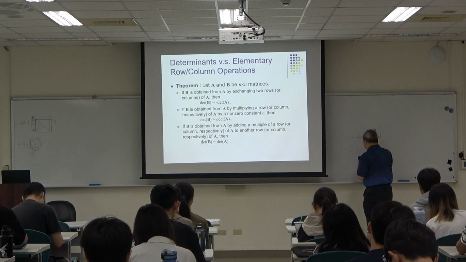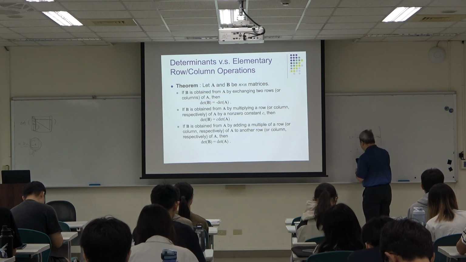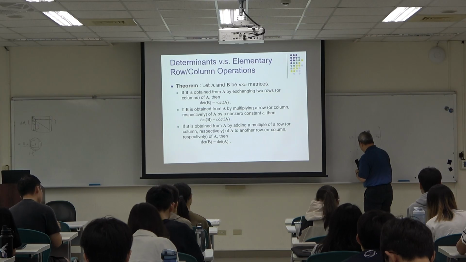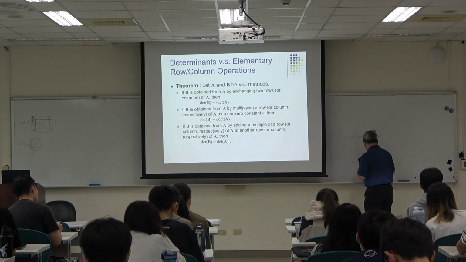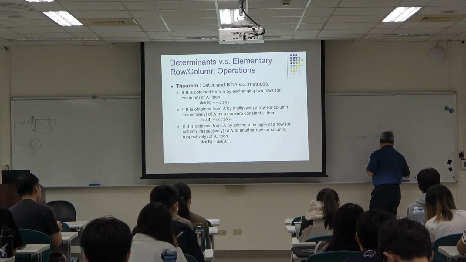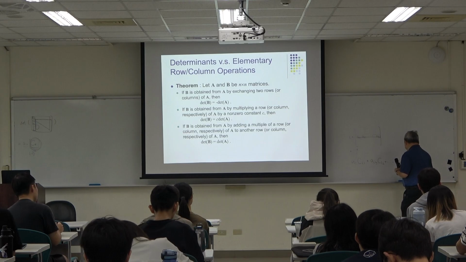The original matrix's determinant, if you expand through this row, is going to be Ai1 times capital Ci1, plus Ai2 times capital Ci2, plus ... plus Ain times capital Cin.